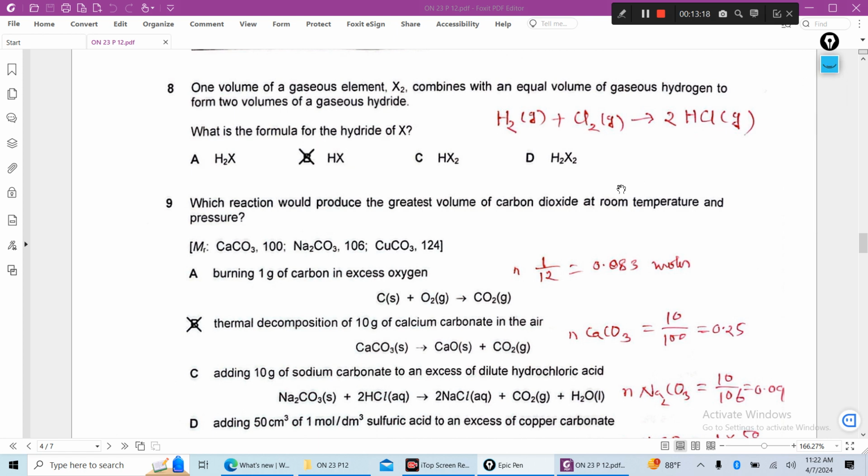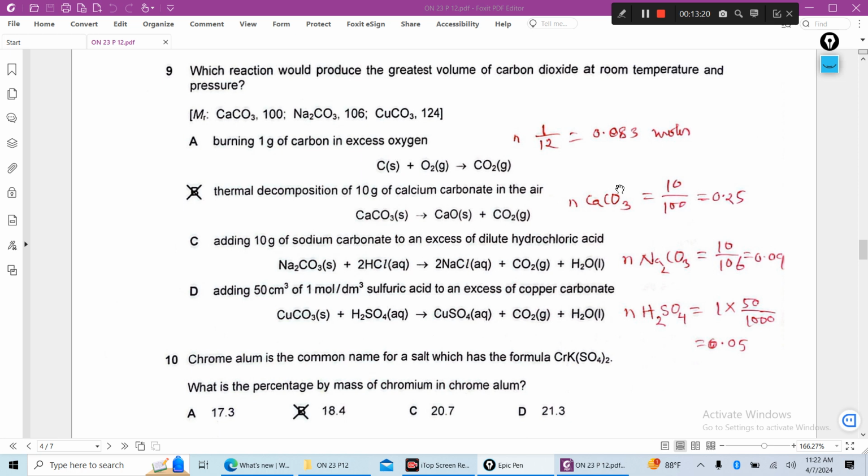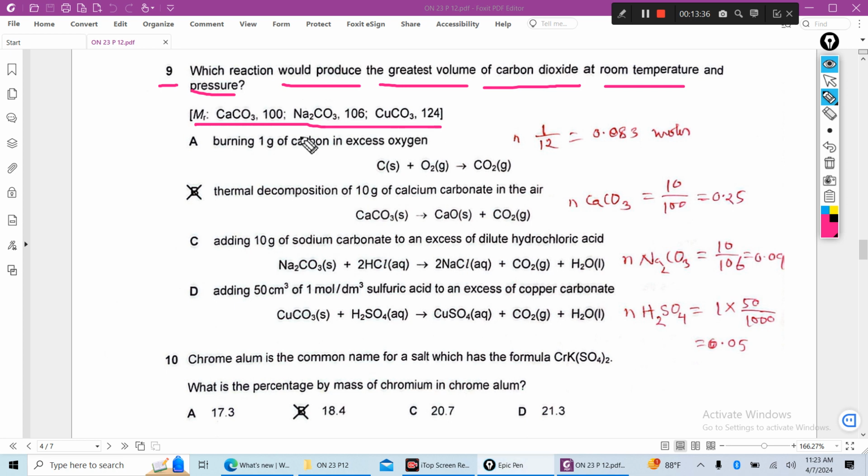Then number 9. Which reaction would produce the greatest volume of carbon dioxide at room temperature and pressure? Their relative molecular masses are given. A is the burning of 1 gram of carbon in excess oxygen.